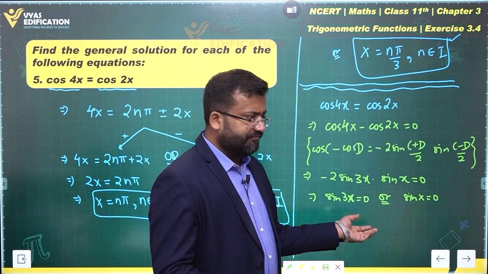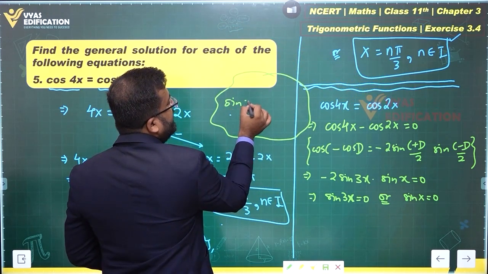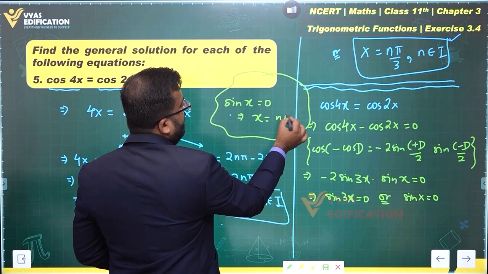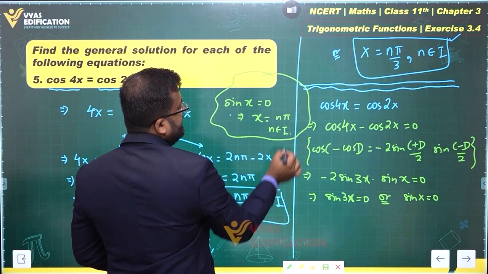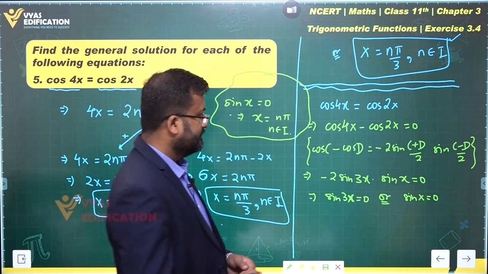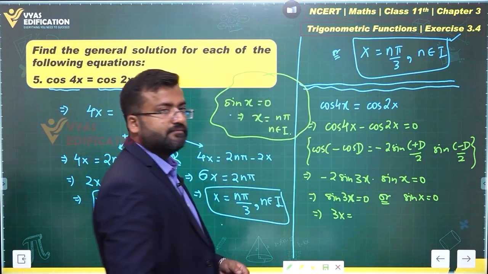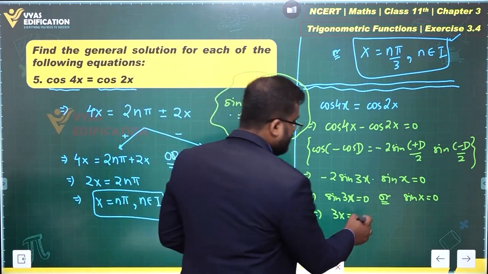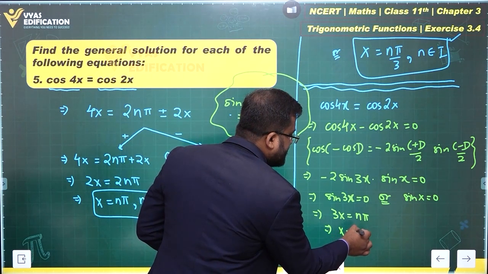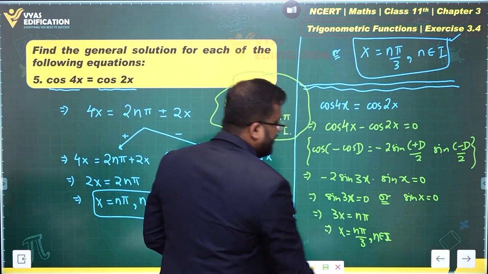What about this? Recall. Sine x equals 0 implies x equals n pi, n belongs to integer. This is one result that we are aware of, right? Let's use that result. This gives me 3x equals n pi, or this gives me x equals n pi by 3, where n belongs to integer.